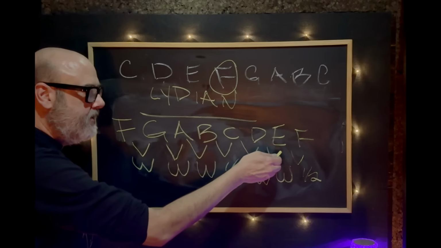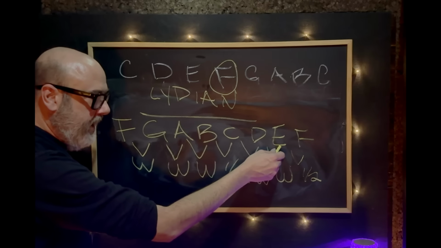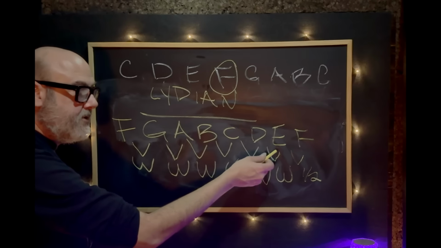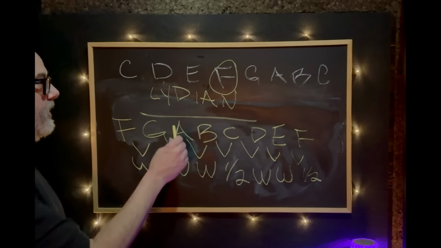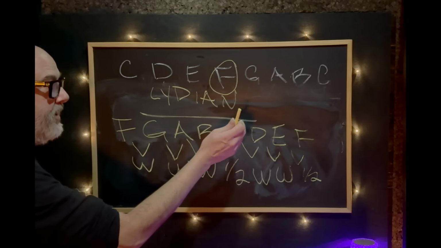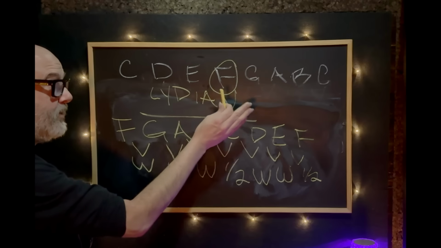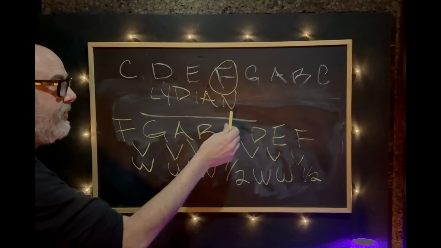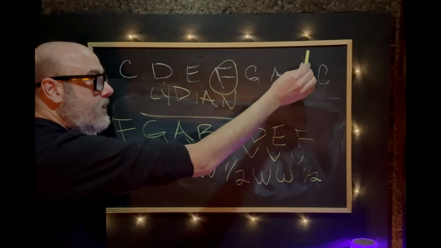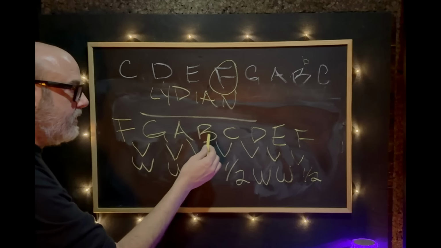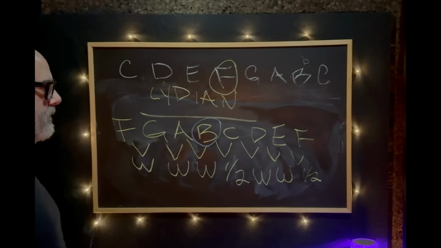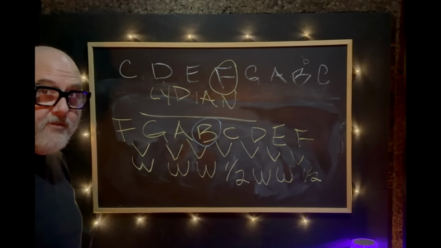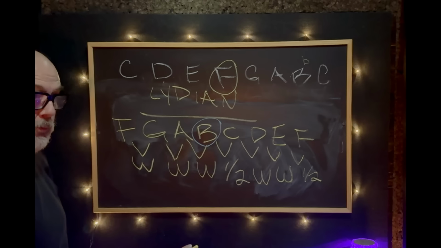This is a major seventh at the end. If it was a flatted seventh, it would be E flat. So, the main difference between the Lydian, which is a major scale, but F has its own key, and in the key of F major, the B has a flat. But here, the B does not. All right, so that makes it a raised fourth or sharp 11, and it has a wonderful sound.